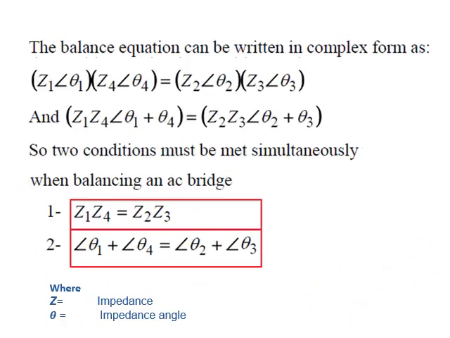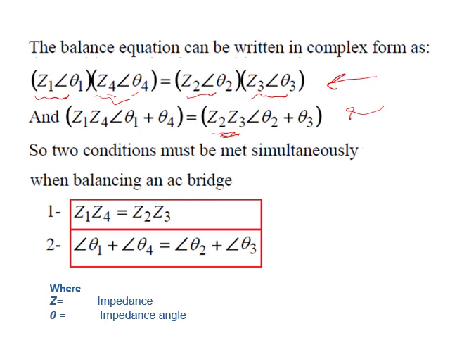So the balance condition, as you see here, is expressed as magnitude and angle. So Z1 angle theta 1 into Z4 angle theta 4 equal to Z2 angle theta 2 into Z3 angle theta 3. Or we can write it as Z1 Z4 angle theta 1 plus theta 4 equal to Z2 Z3 angle theta 2 plus theta 3.